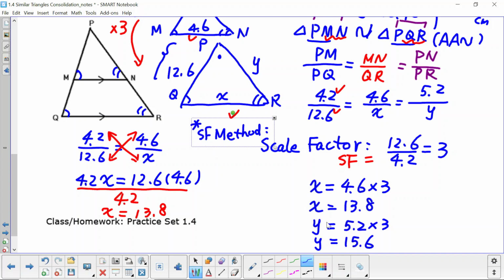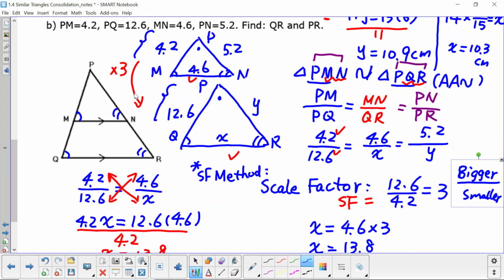You could use this one, but just make sure you know this is the bigger triangle divided by the smaller triangle because then this number will be bigger than 1. Then from small to big, you times it. From big to small, you divide by that. So you need to make sure you are able to tell: go this way, times, and go back, divide by 3. So if you go backward, you need to divide by 3.